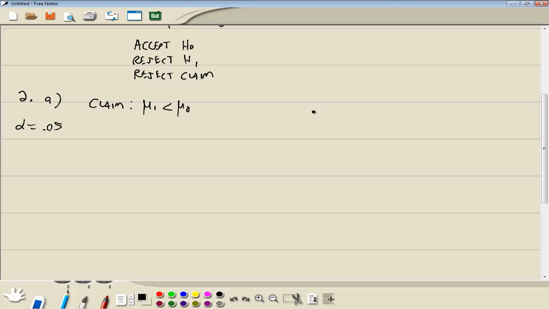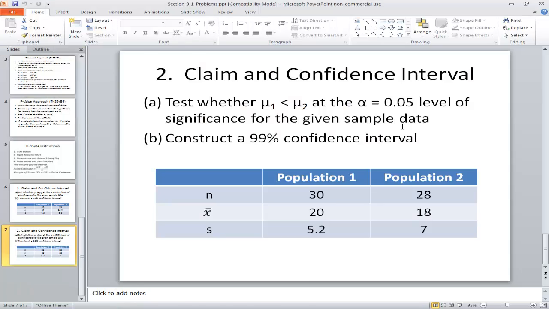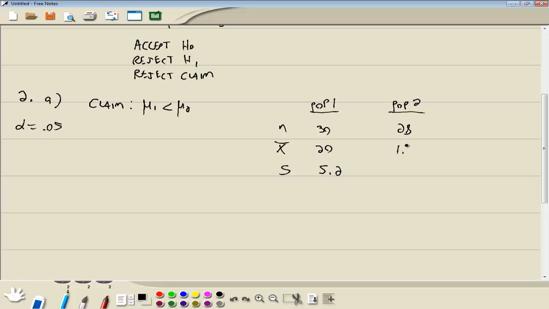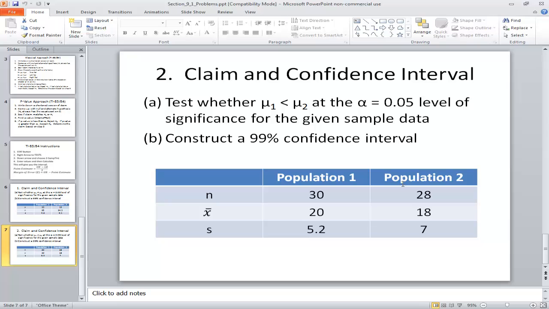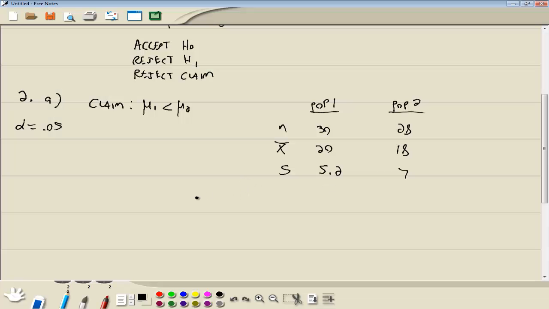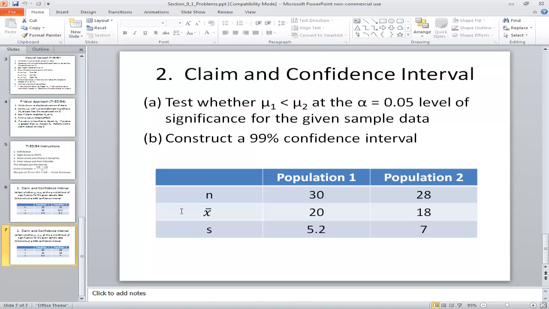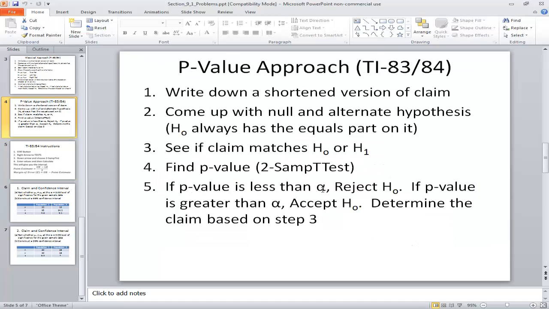And they tell us for our first population, our second population, we're going to have n, x bar, and s. And they tell us 30, 20, 5.2, and over here we've got 28, 18, and 7. Okay, it looks like all the information. So let's come back up here.